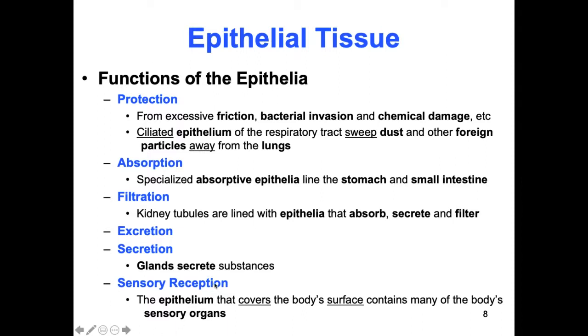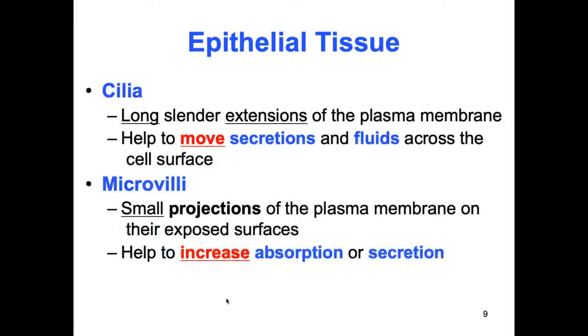And also sensory reception. There's epithelium that covers the body's surface that contains many different sensory organs within it, so that you can tell if someone's lightly tapping you on the shoulder or if someone's poking you. Okay. So again, with epithelium, the cilia are these long, slender extensions.